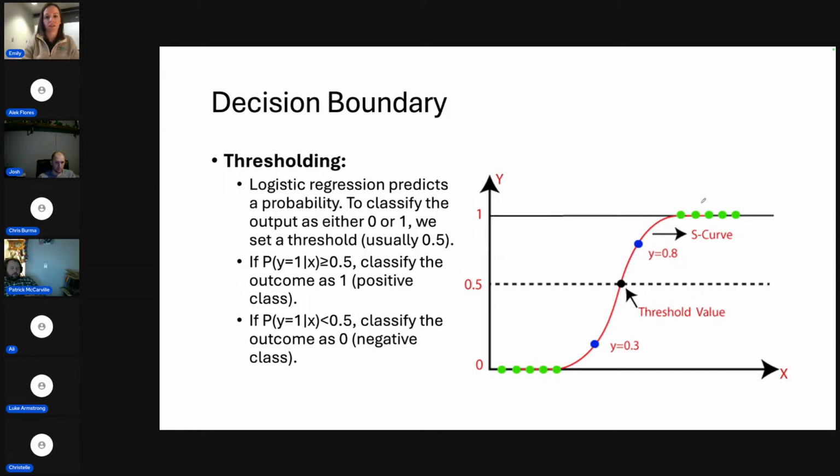So we have these outcomes in our model, and when X is this value, it's mapping that to a probability of 0.3. And when X is this value, it's mapping that to a probability of 0.8. And we're saying anything above a threshold of 0.5 is yes in terms of outcomes. Everything below a probability of 0.5 is no in terms of outcomes. We can change that. Maybe you work for a company and you want them to have a very conservative model.